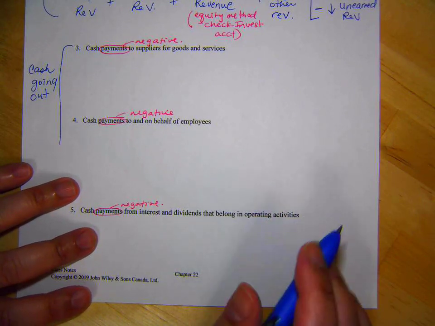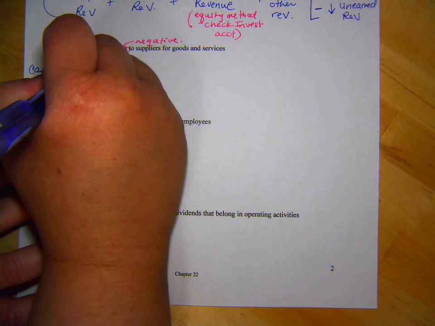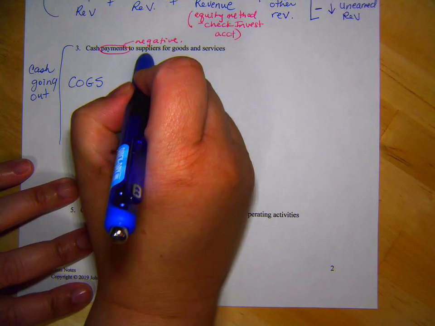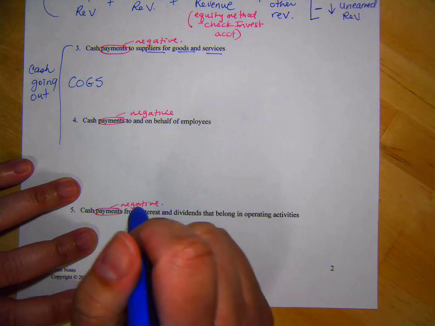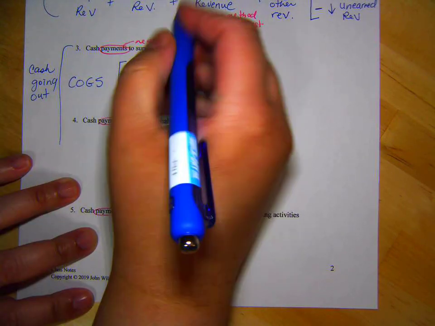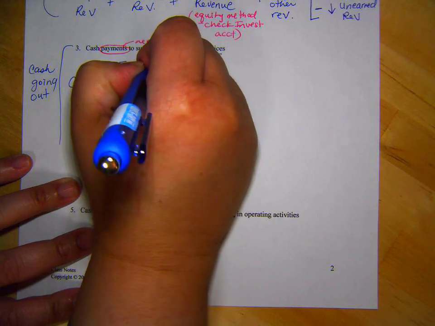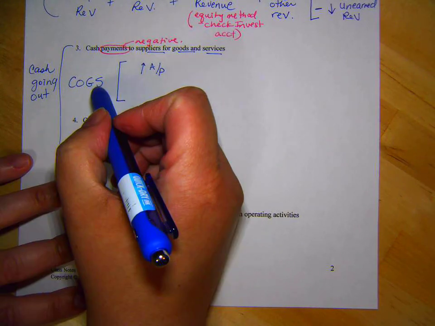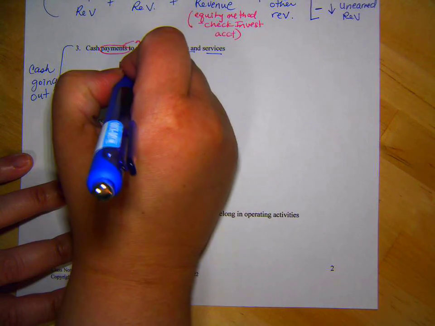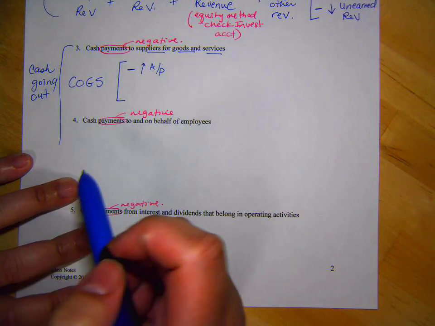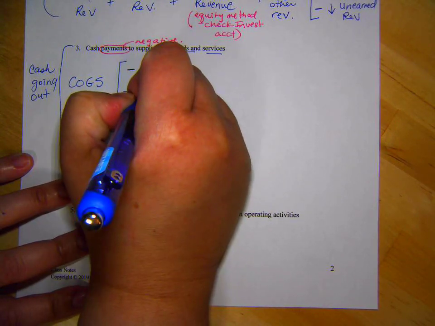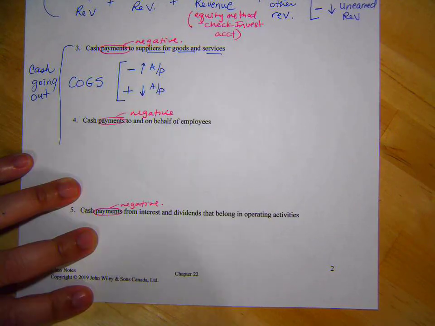So we're going to start with cost of goods sold, because it's cash payments to suppliers for goods and services. So accounts payable is related to that. If we have an increase in accounts payable, that means we didn't spend all the money on cost of goods sold. We put it on account. So we're going to take it away because we're trying to convert it to cash. We're going to add a decrease in accounts payable.